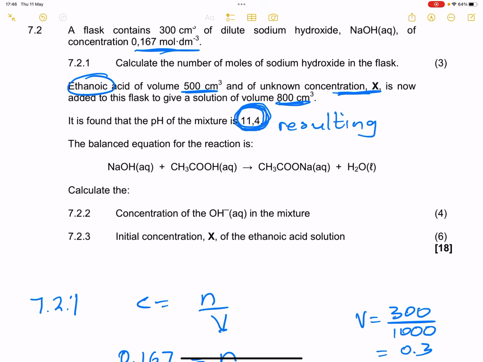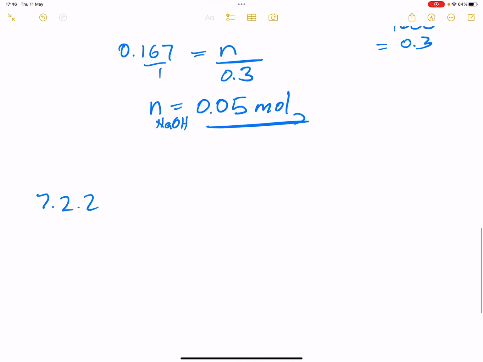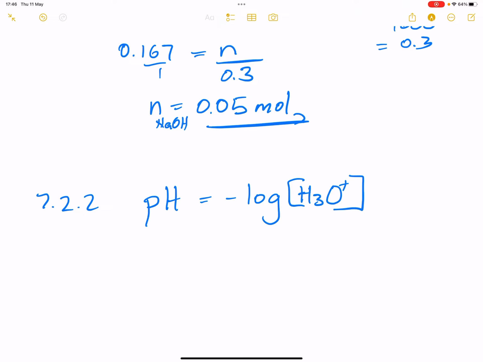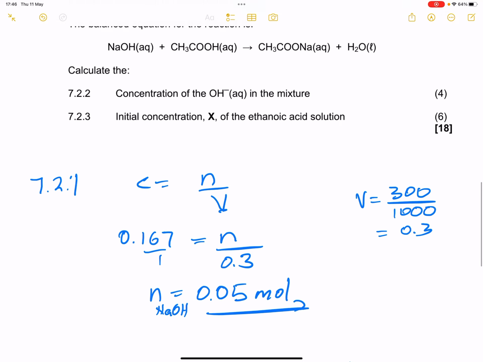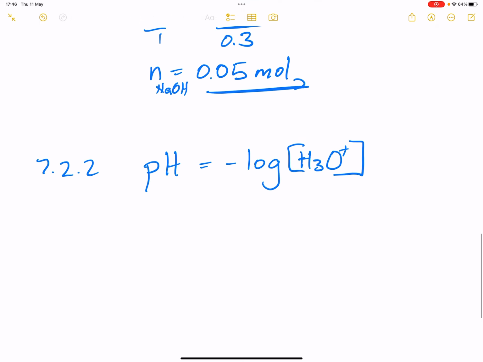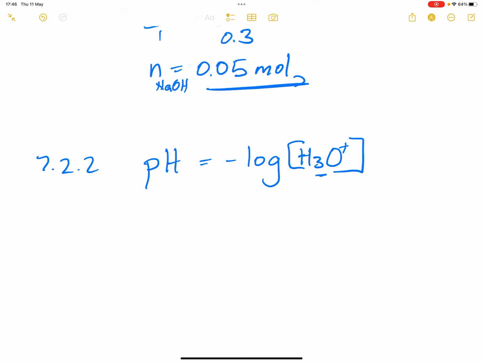There are two ways of doing this, but I'm going to go with the traditional one, and I'll show you the other one. pH is the negative log of our hydronium ion concentration. Note hydronium, not hydroxide, and they want the concentration of the hydroxide ion. So let's find out what our hydronium ion concentration is.